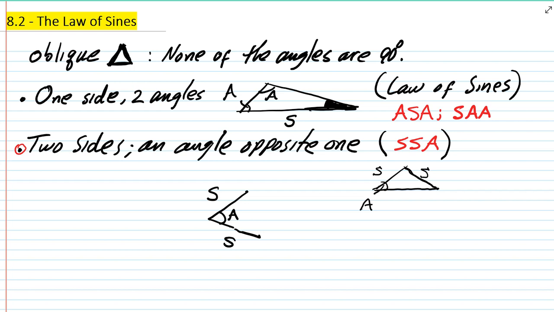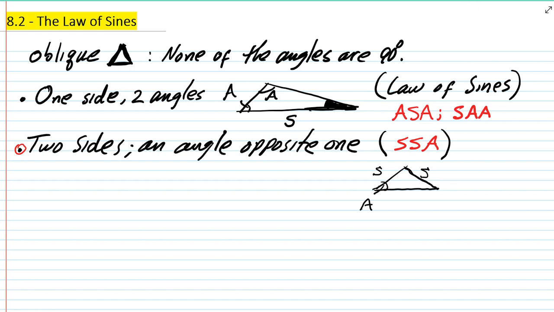For that, we use the law of cosines. That's a different configuration than the one I have here. Or if I have just three sides, there is no angle in there. For the law of sines, we have to have the angles. For the law of cosines, we don't have to. Okay, so how are we going to work this one? Let's now state the law of sines.